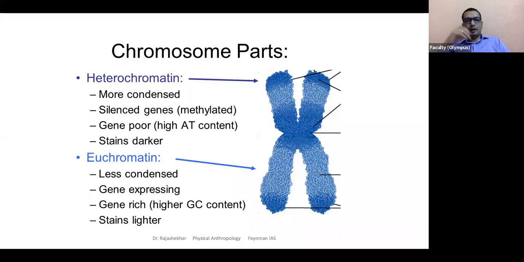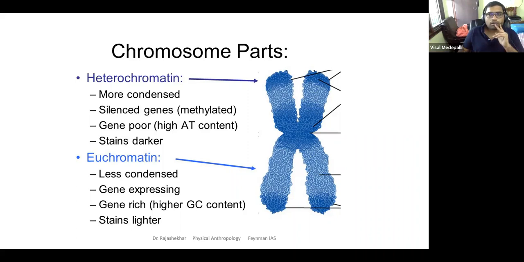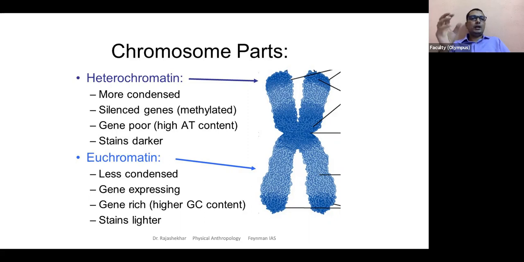Euchromatin part or heterochromatin part? Heterochromatin, because we want to make it inactive, not accessible to the enzymes which perform transcription and translation. So heterochromatinization, it is called sometimes. Heterochromatinization means converting euchromatin region into heterochromatin region, basically more loosely condensed region into more tightly condensed region.